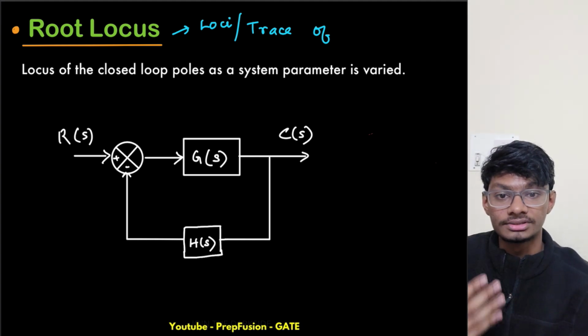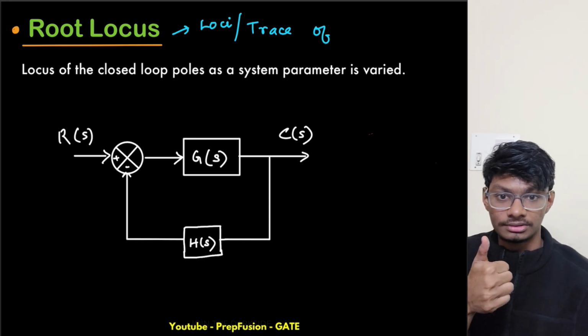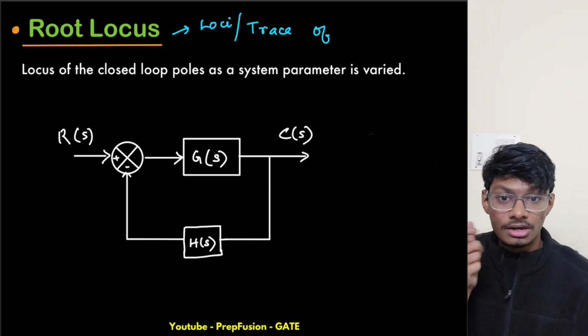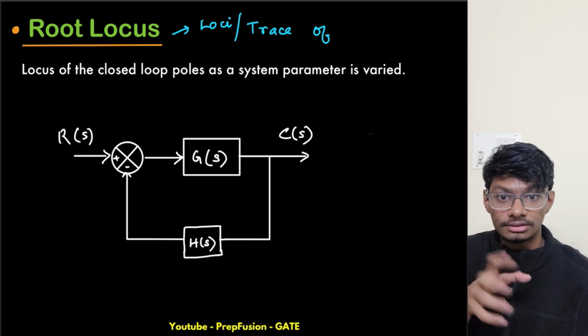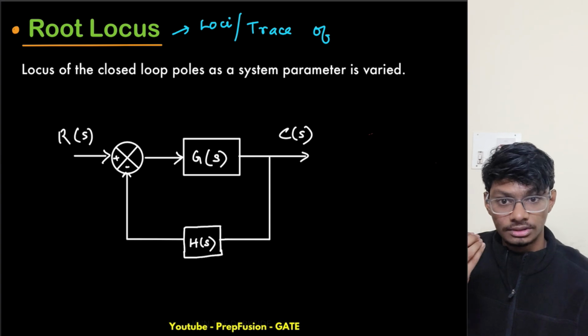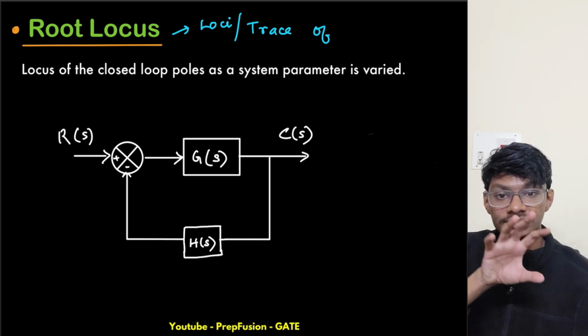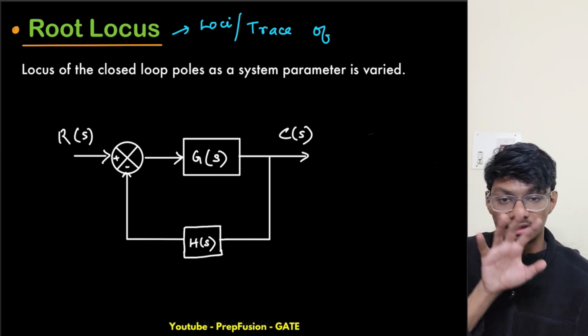Why am I so interested in the poles of CLTF? We studied the time response chapter, right? The poles define the damping, also stability and much more, right? My system parameters are defined mainly by poles, right? So that's why I'm very interested in knowing where my poles lie with variation of certain system parameters.